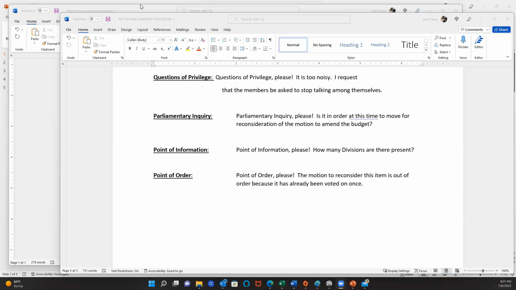Which rules specifically are you talking about? Well, in Robert's Rules, you can have special rules of order for an organization, or in this case a division. Division 5 might do it a little differently than Division 7 or Division 8. Well, are you talking about your addendum to the standing rules?